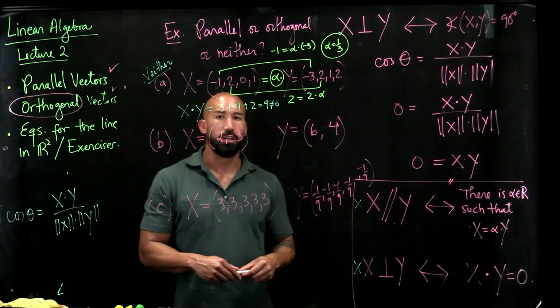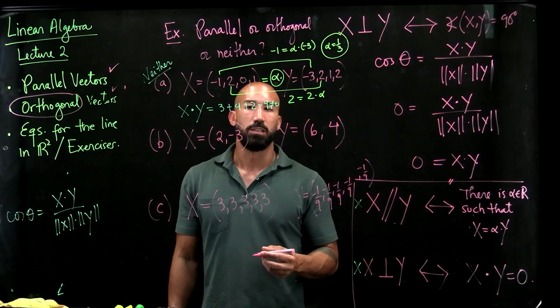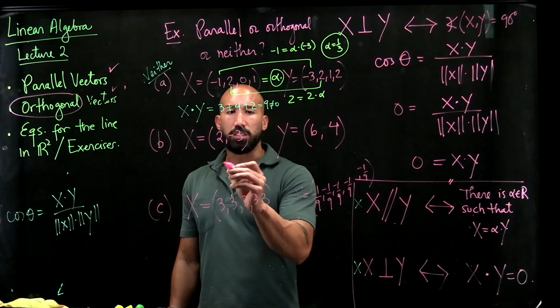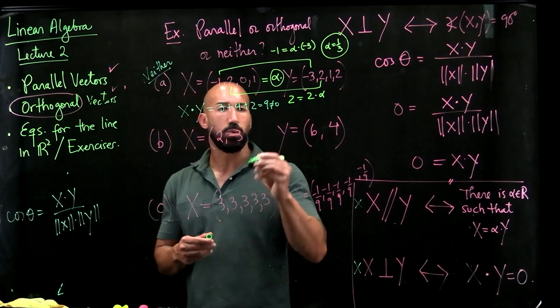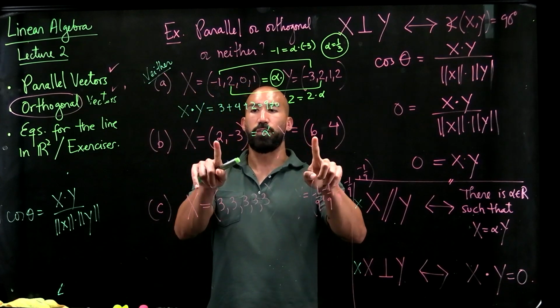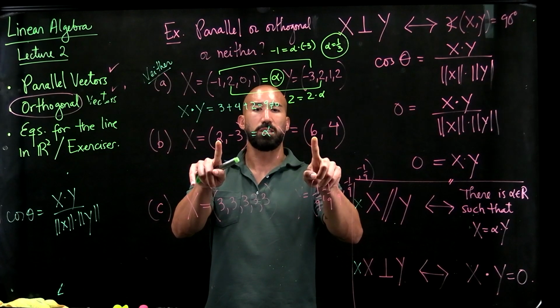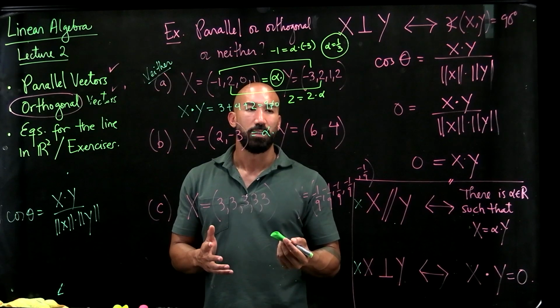All right, letter B. Okay. Well, let's see if x is equal to alpha times y. Looking at the first components, that means that alpha needs to be, again, 1 over 3.